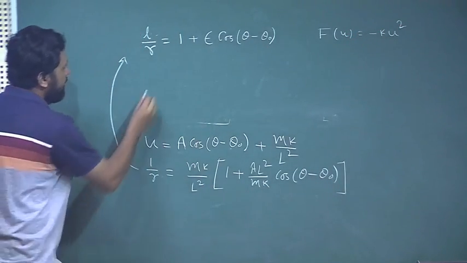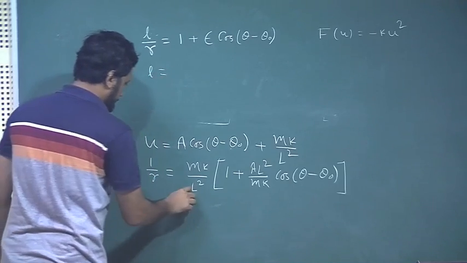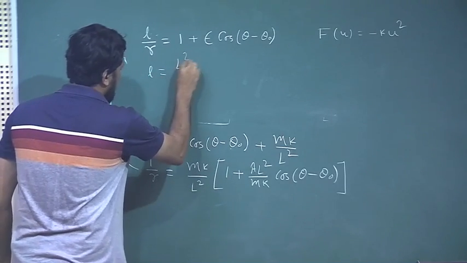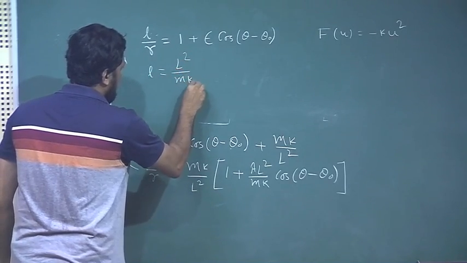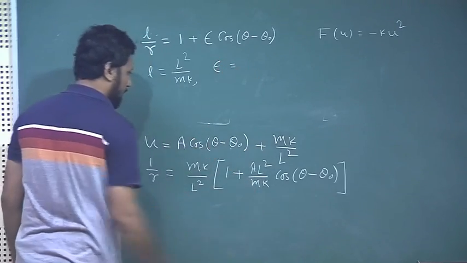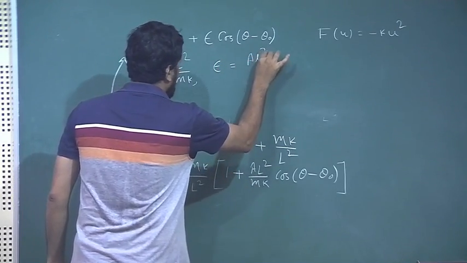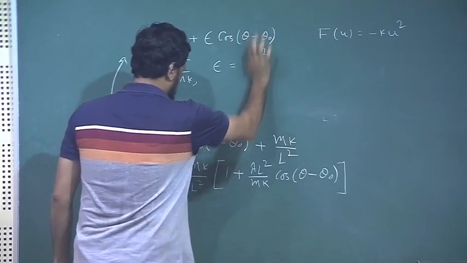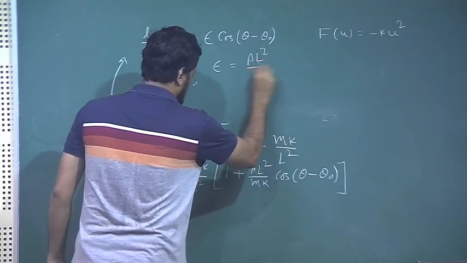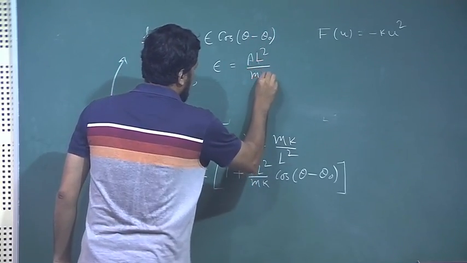Let it be here, where L is equal to L square by mk and epsilon is equal to A L square by mk.